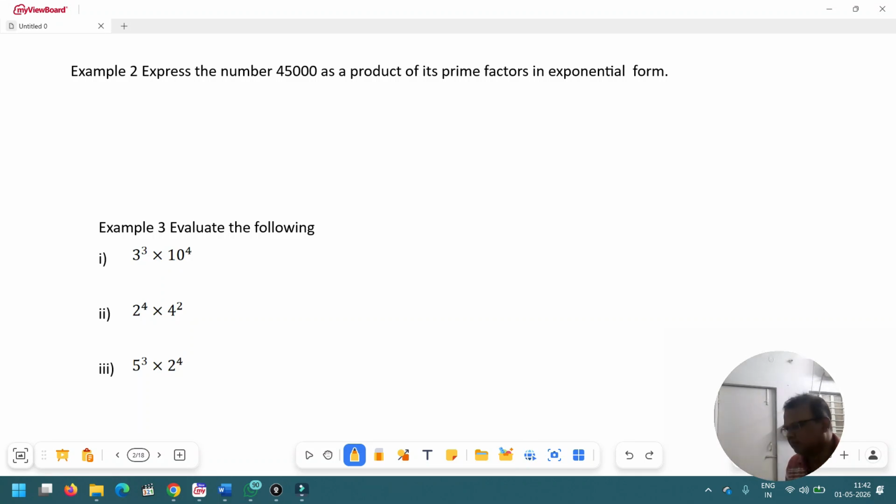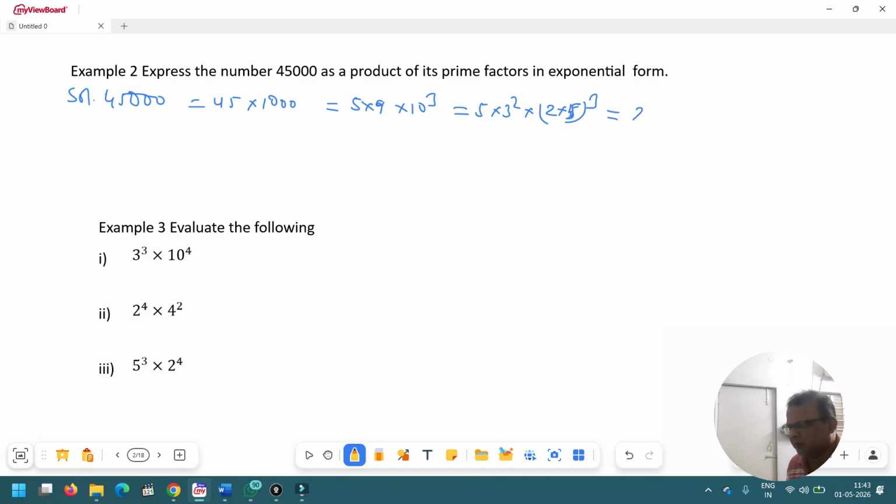Solution. 45,000 can be written as 45 into 1000, which is equal to 5 into 9 into 10 to the power 3, equal to 5 into 3 squared into 2 into 5 cubed, equal to 2 to the power 3 into 3 to the power 2 into 5 to the power 4. That is the answer.